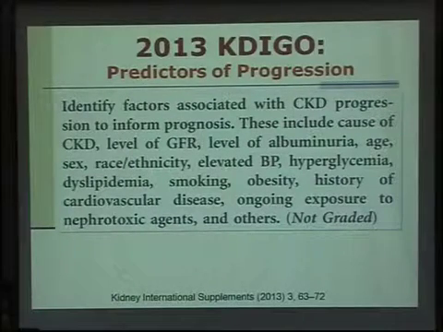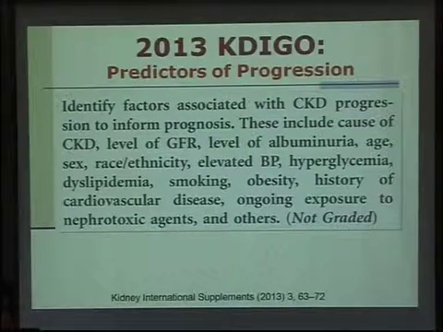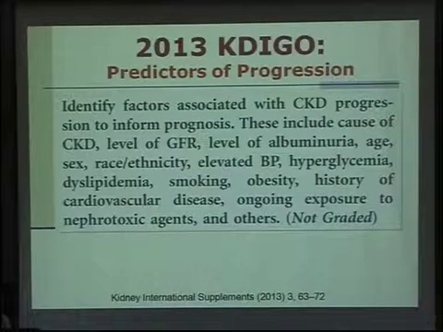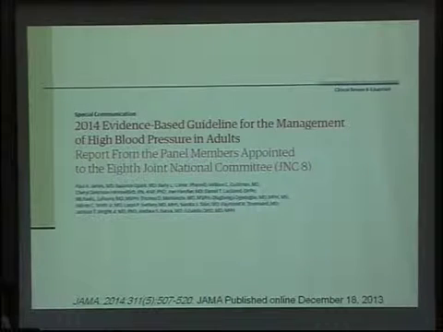Because it is rational, if you put your hand on a modifiable factor, you will change the outcome even if you don't have evidence from the literature. You can expect that this will help a lot. Let's go one by one. Blood pressure. Is it a risk factor for progression? Yes.